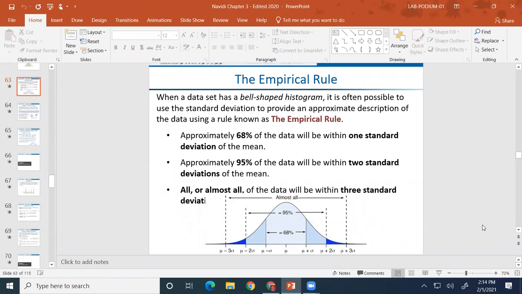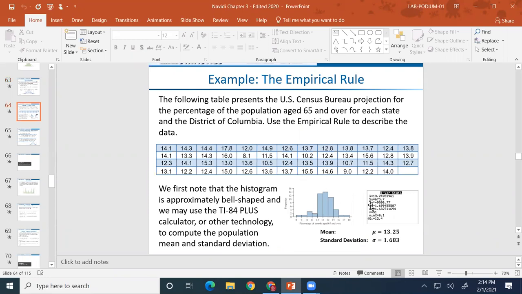So if we want to find out how many standard deviations something is from the mean, remember this data we looked at last time, I believe it was. This was the number of age 65 and older for each state and the District of Columbia.